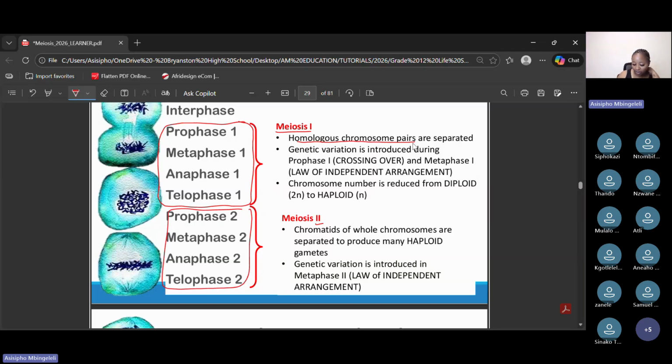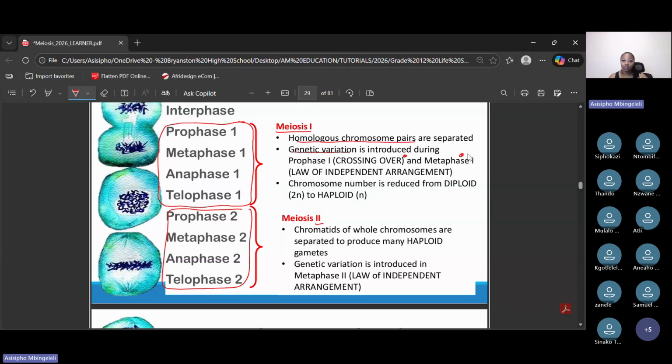Now, variation, which is genetic here, is going to be introduced, and it is introduced during 2 processes. One being crossing over, and number 2 is the law of independent arrangement. Now, the chromosomes that arrange themselves in the middle of the equator will not follow any order. It is random.